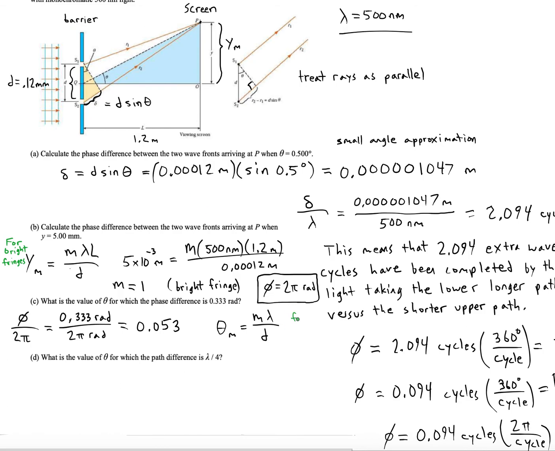This is also for bright fringes. So let's let our wave number here be this fraction.